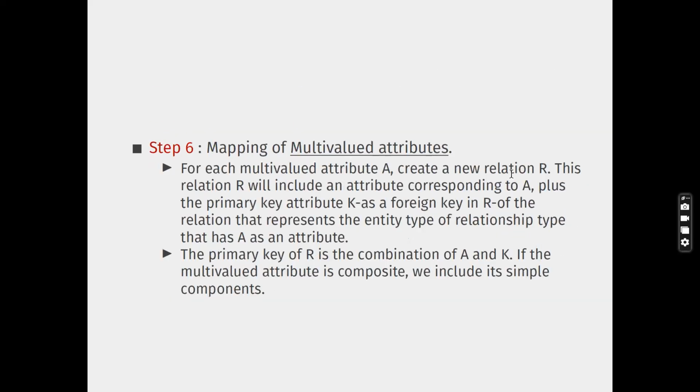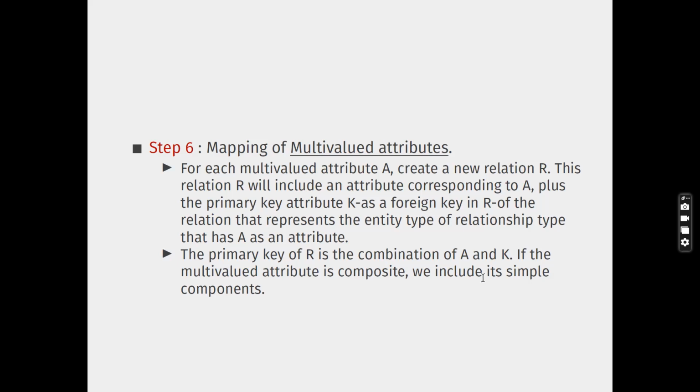When a department has multiple locations, you should create a new relation for that multi-value attribute. Then you should get the primary key of that relation as well as the attribute. Combining the two, you create a primary key for that.